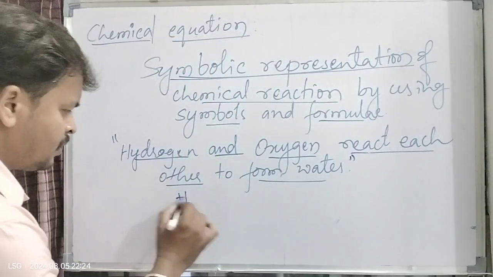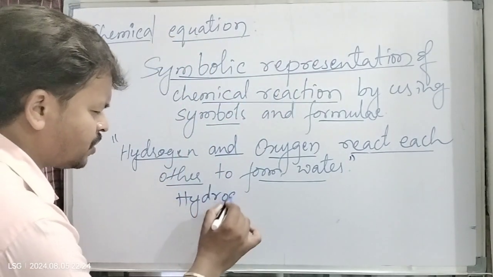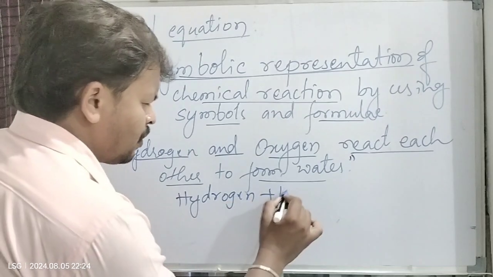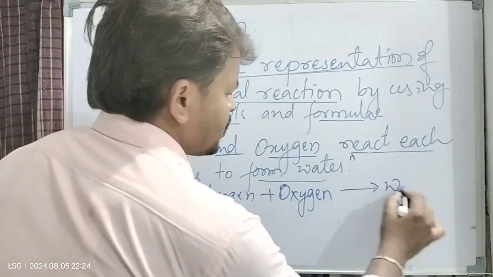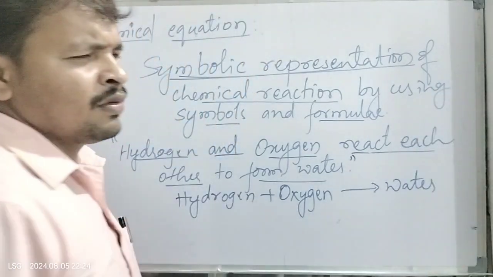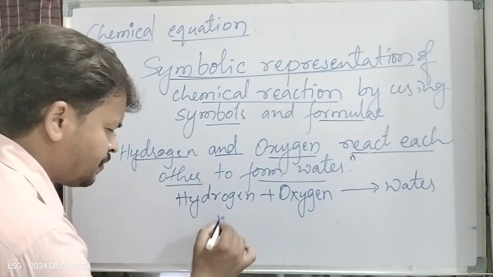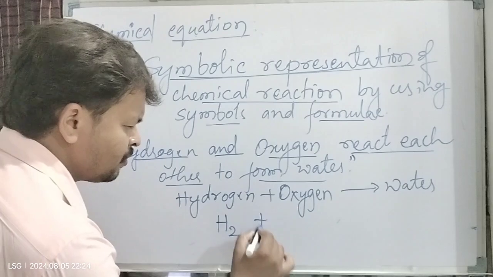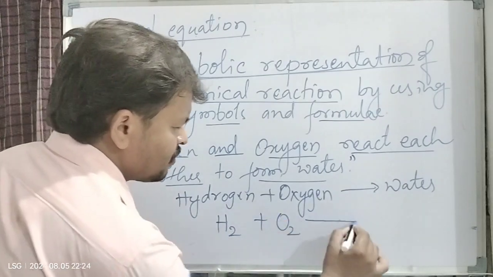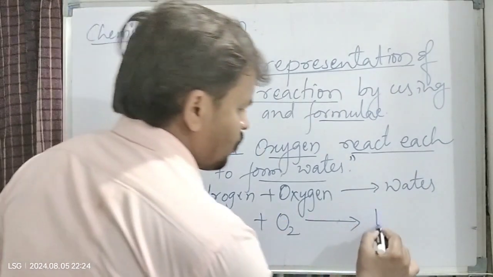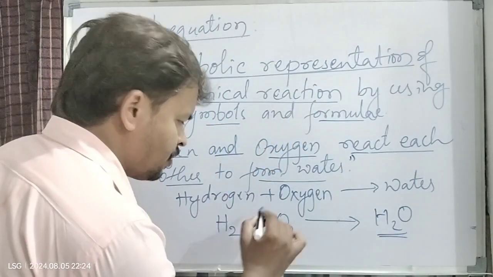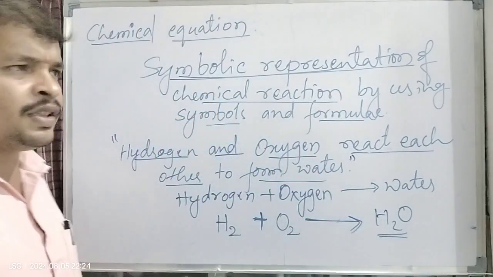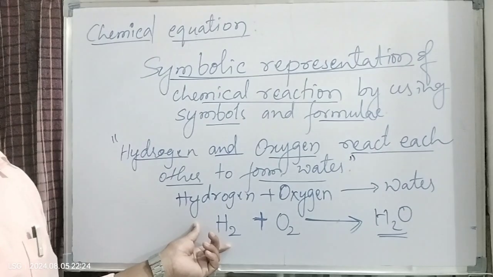We can write it as: hydrogen plus oxygen gives water. Here see the symbols we are using: hydrogen, oxygen, water formulae. This is called a chemical equation.